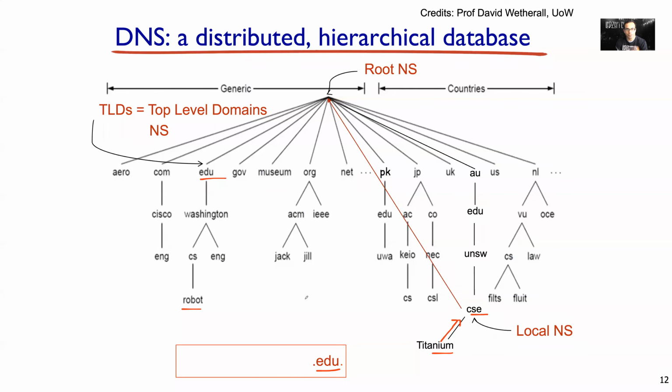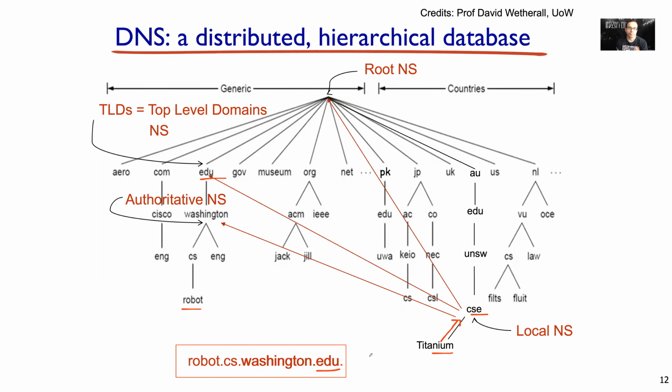The edu name server looks at the next part of the domain. It sees washington.edu. So it tells me, hey, go and talk to the Washington name server. It might have the mapping that you're requesting, right? So then I go and ask Washington, and let's assume in this case Washington has the mapping. So then it's going to respond back with the actual IP address for this, right?